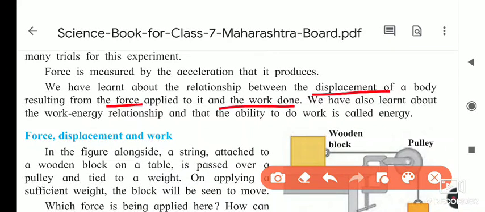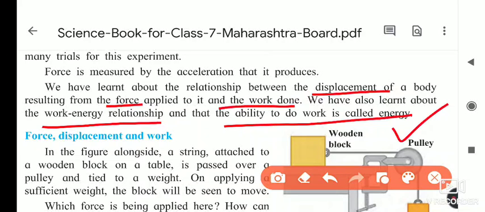We have also learned about the work-energy relationship, and the ability to do work is called energy. Okay, work and energy's relation. More energy is there, so more work will take place. If less energy is there, less work will take place. So what is energy? Energy is the ability or capacity of an object to do work. Did all of you understand what I said?